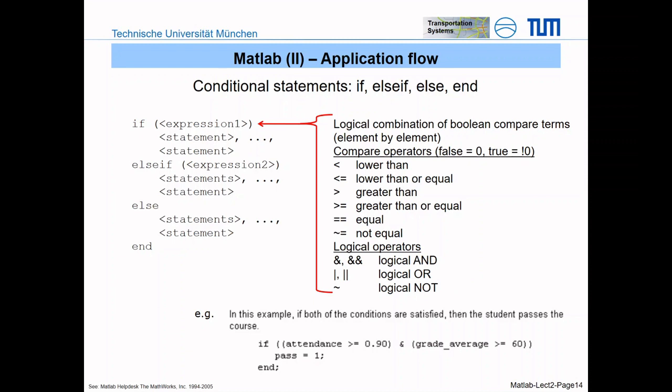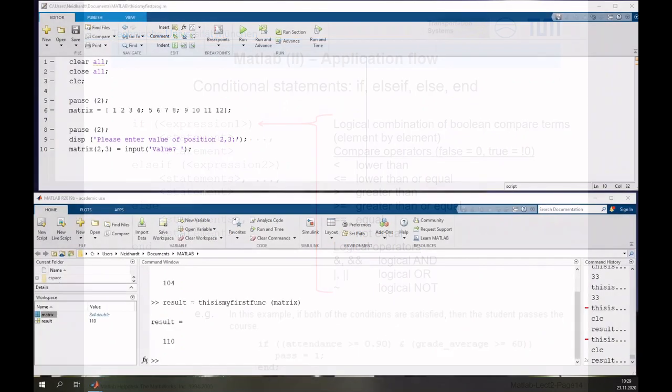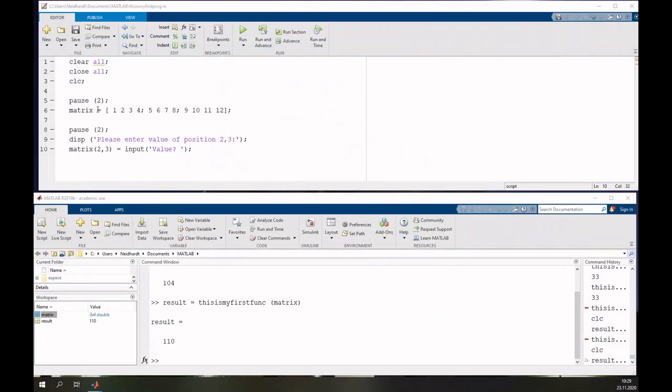So let's directly have a look at this in our program. Do you remember? We created this script, and now we want to change this script. In a script, we always start with clear all, close all, and clc.